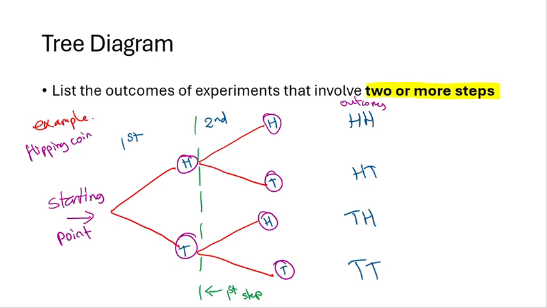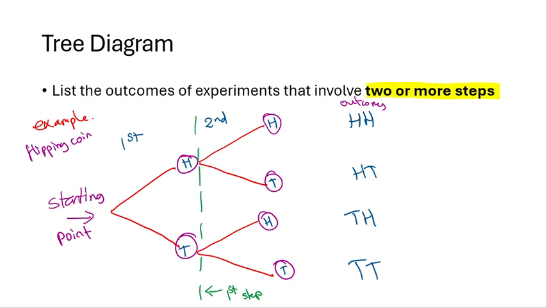And now, after you record your first coin flip, you flip the coin again and ask, what could I also get? Obviously, it's a coin, it's simple. You're just going to get heads or tails again. So you branch them out respectively from each point, and then list all the outcomes afterwards.